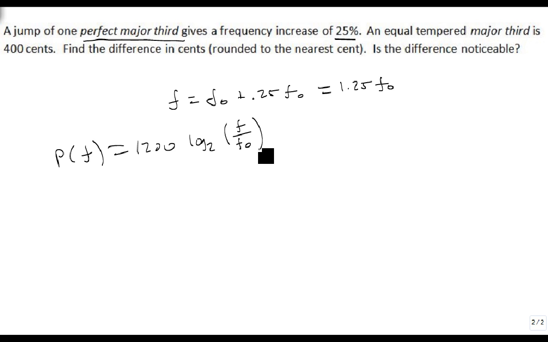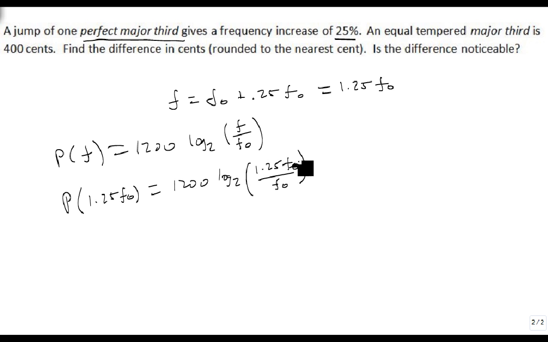So if we want to know what our major third increase is here, P of 1.25 F naught equals 1200 log base 2 of 1.25 F naught over F naught. The F naughts go away, and so we end up with 1200 times log base 2 of 1.25. I'm going to use the change of base formula real quick and make this the natural log of 1.25 over the natural log of 2.